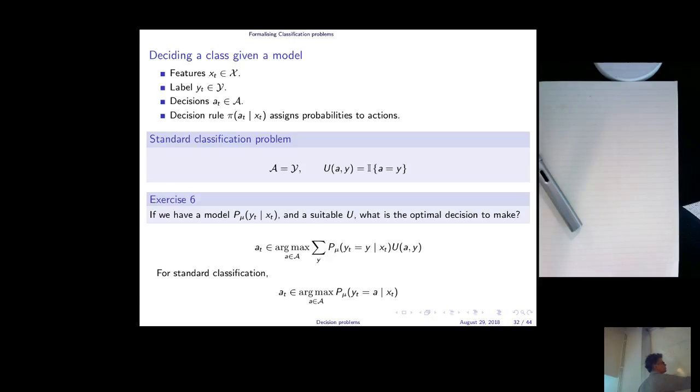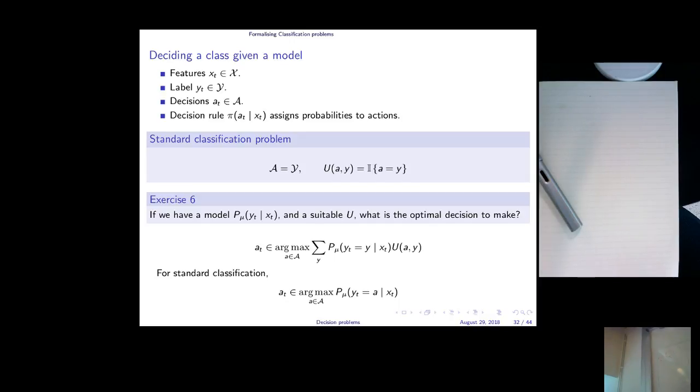Okay, so when the utility is the identity function, it is 1 if a_t equals y and 0 otherwise. Then you have the sum over y of the probability of y given x_t times the indicator that a_t equals y.